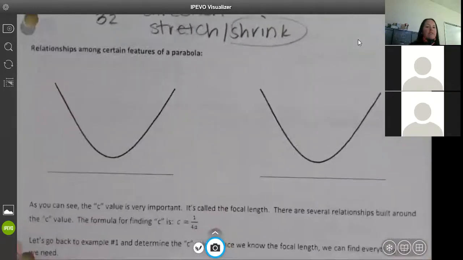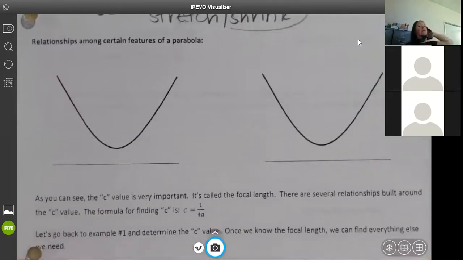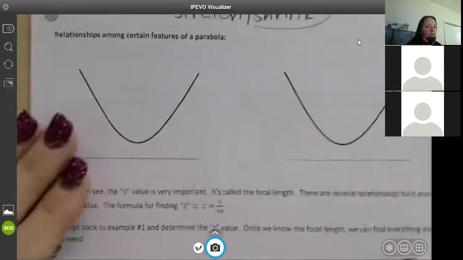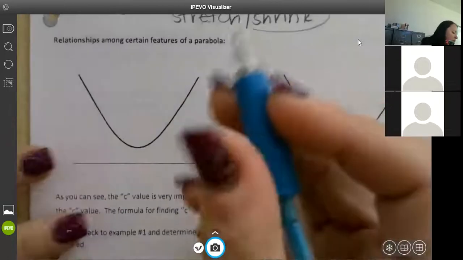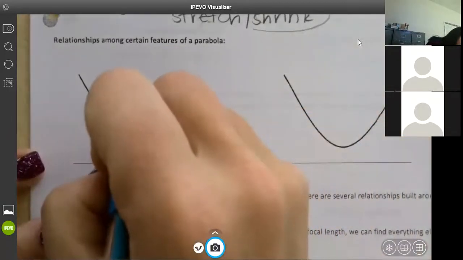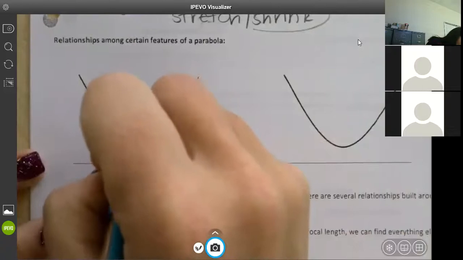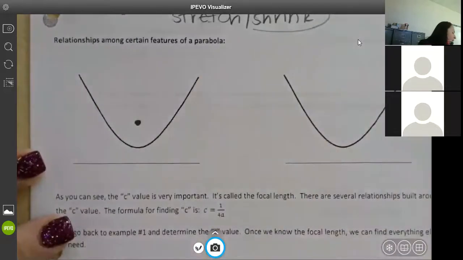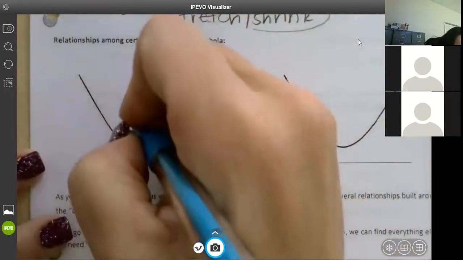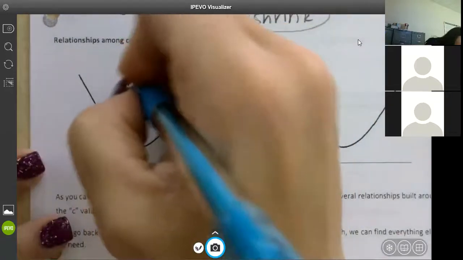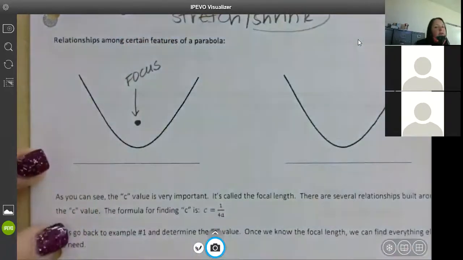All right, relationships among certain features of a parabola. So what we have is this parabola right here, and I'm not even going to use the second one, but I'm going to use the first one. So what we're going to have is a point right here called the focus.